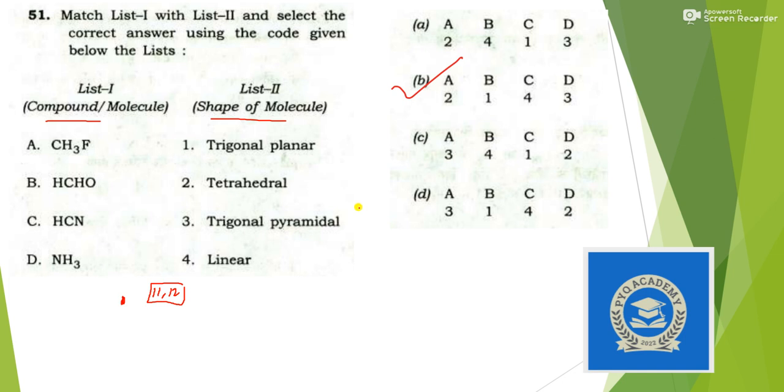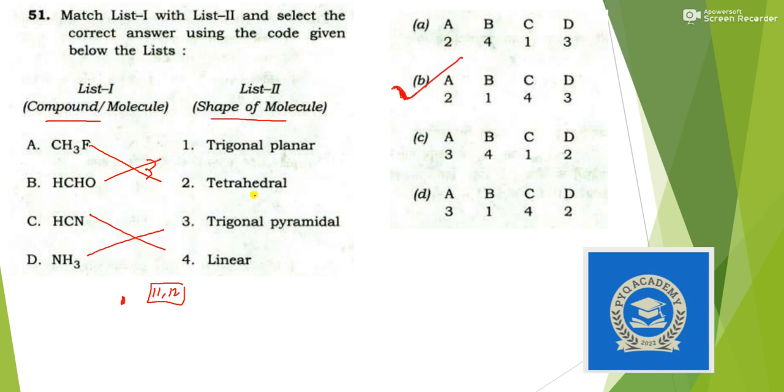I found this paper a little bit biased towards science students. But let's come to the answer. The answer is option B. For A, CH3F, it will be tetrahedral. For B it will be 1, for C it will be 4, and for D it will be 3.